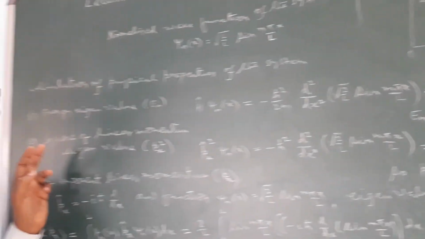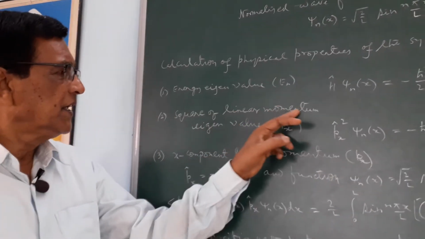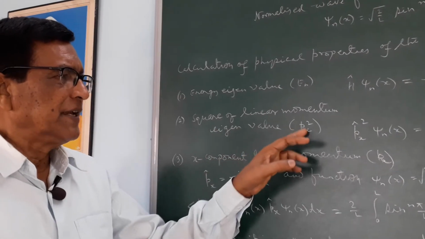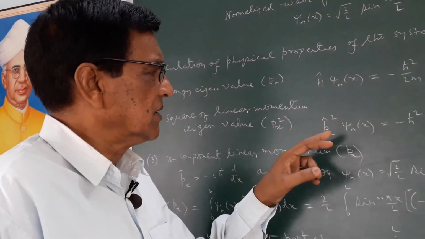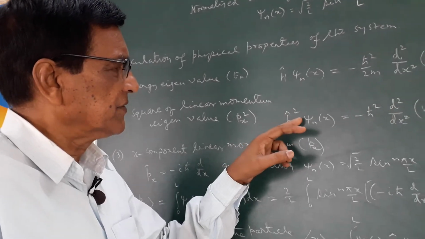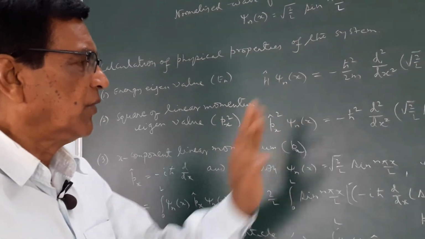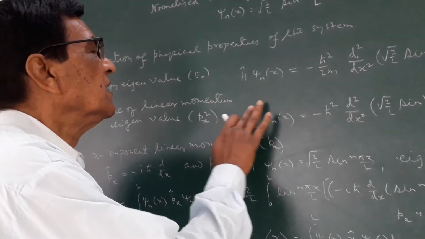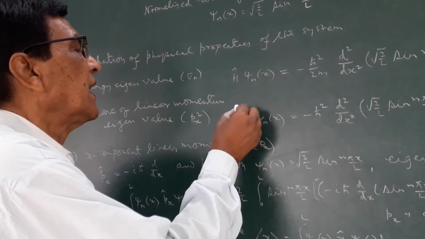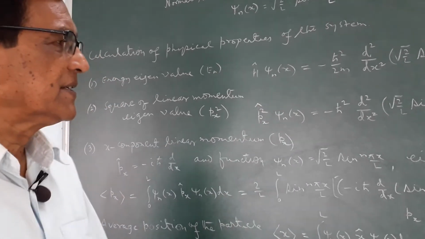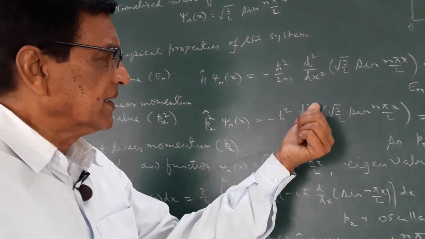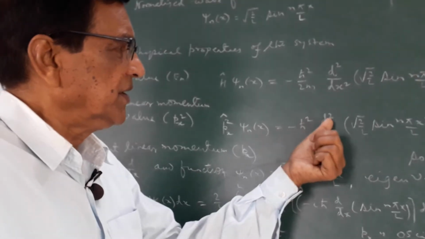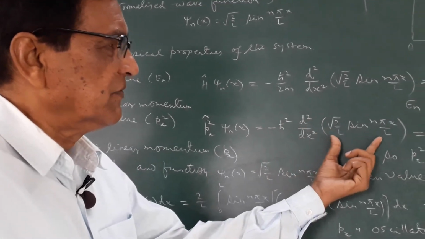The second property: the square of the linear momentum eigenvalue, px square. px square operating on psi x equals px square times psi x. The operator is minus h cross square d2 by dx square, and this is the function.